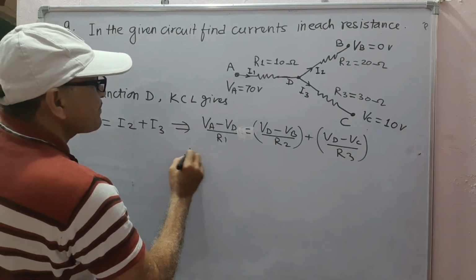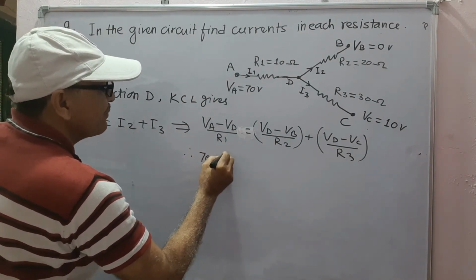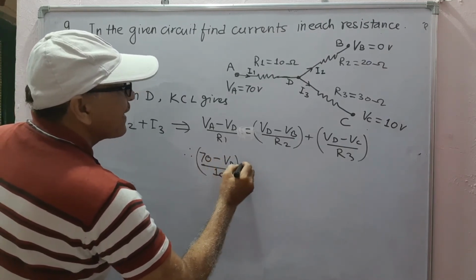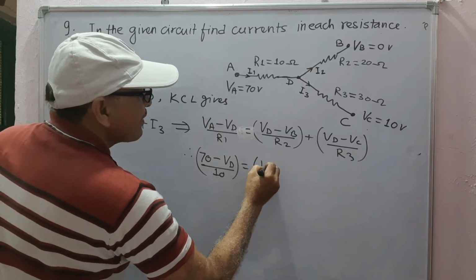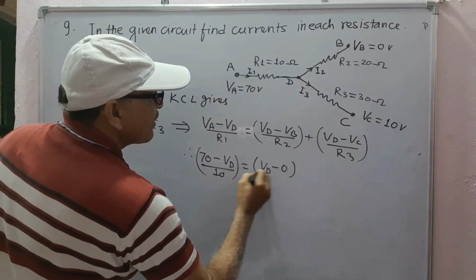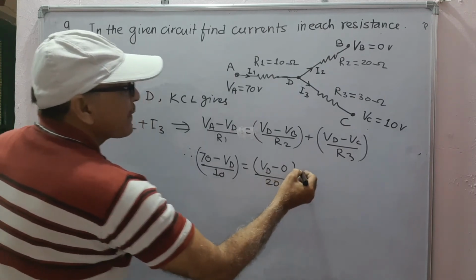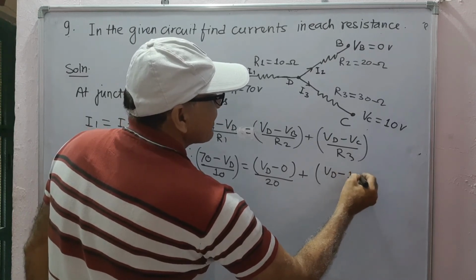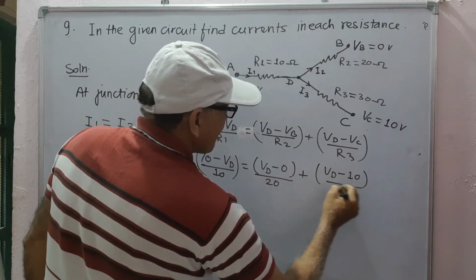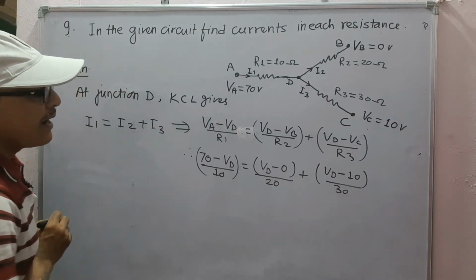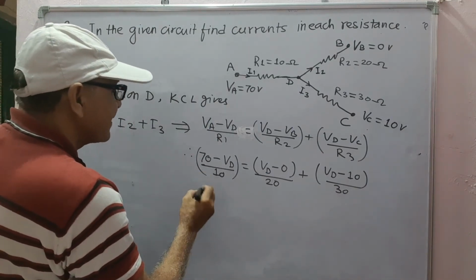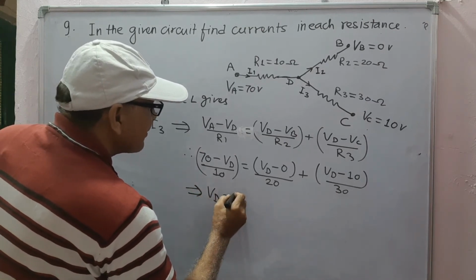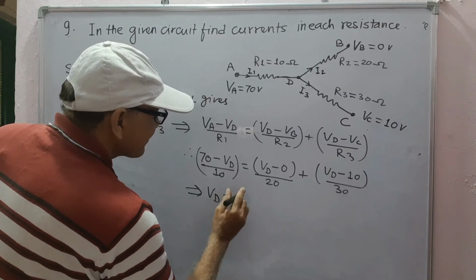That is VA is 70, minus VD upon R1 is 10, equals VD minus 0 upon 20 plus VD minus 10 upon 30. On simplification we get VD is equal to 40 volts.